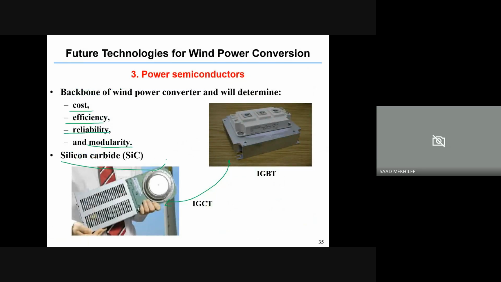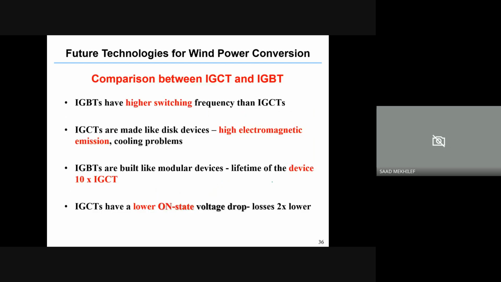And as I said just now, silicon carbide is making a revolution in power electronics converter design, in terms of all the performance. If you look into the comparison between the IGCT and IGBT, as I mentioned just now, IGBTs have a higher switching frequency than IGCTs, which means able to switch at a higher frequency.